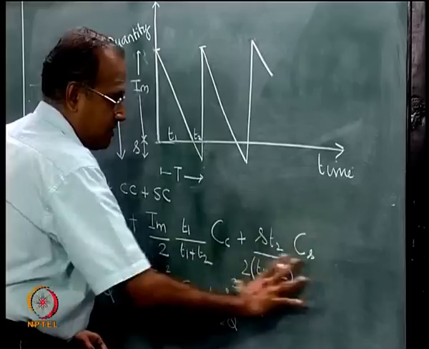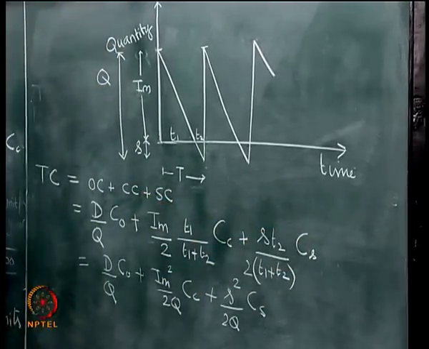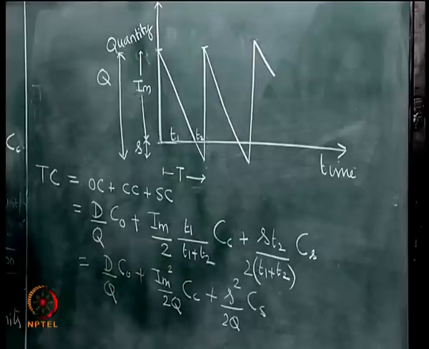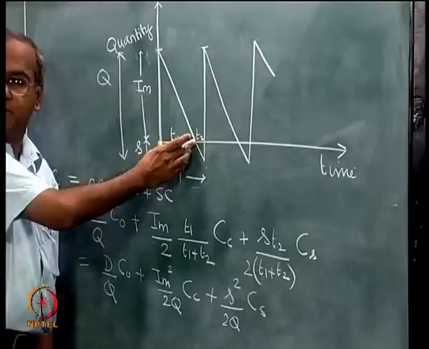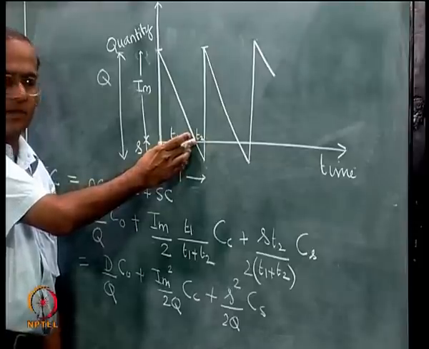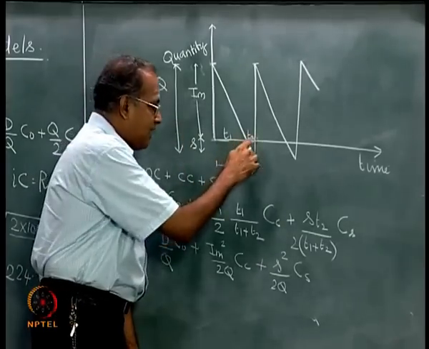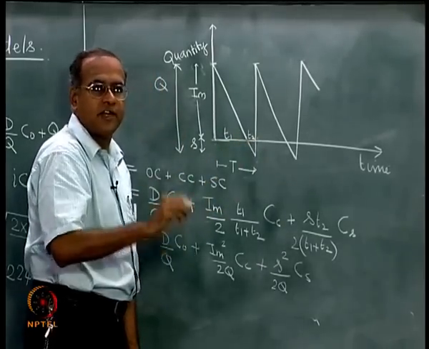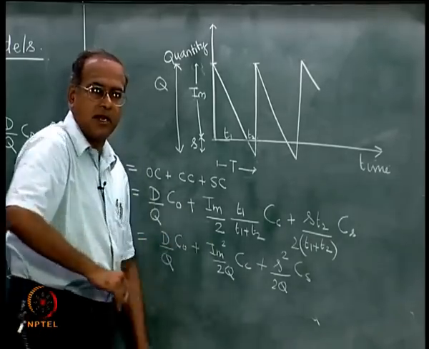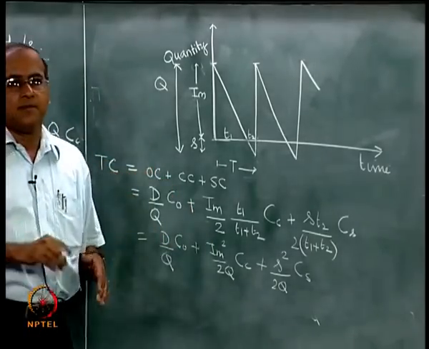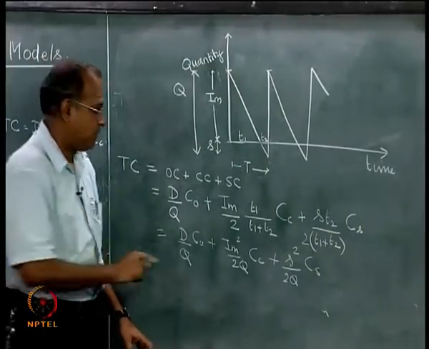When we calculated this portion, which is the back order cost portion, the average back order in a cycle is, for T1 part of the cycle there is no back order. For this part of the cycle the total back order is area under the curve, half into S into T2. So the average back order at any point in time is half into S into T2 divided by T1 plus T2.